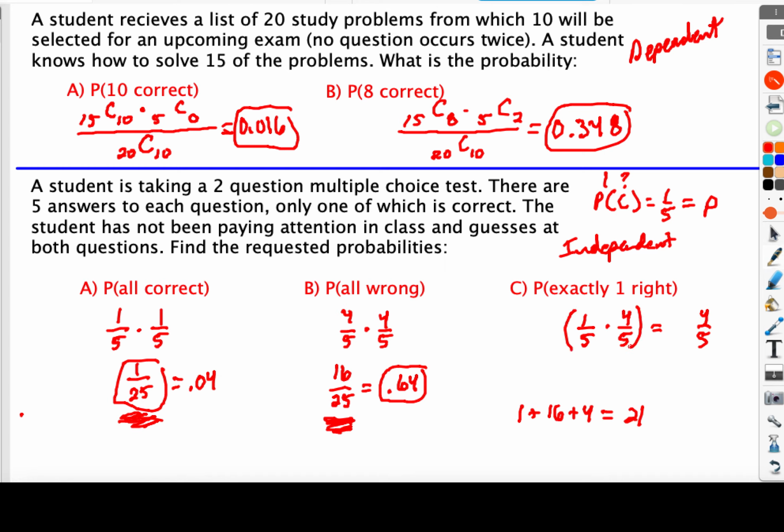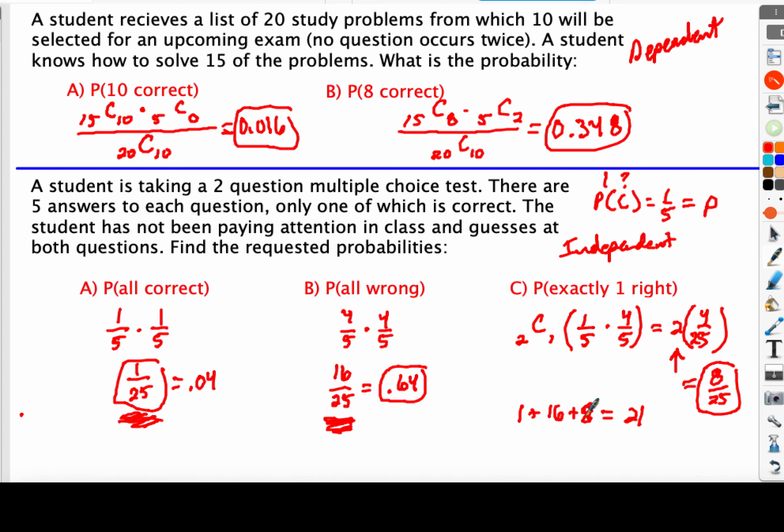Essentially, there are 2 scenarios in which this can happen. Or we should say 2 choose 1. Of the 2 questions, we're going to get 1 right, which technically there are 2 ways that can happen. And our answer to this question becomes 8 out of 25, 8 out of 25 possible ways here.